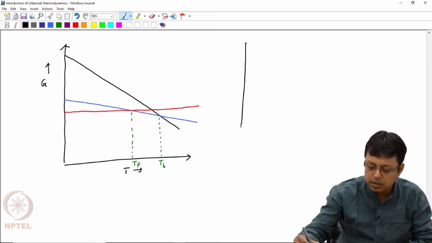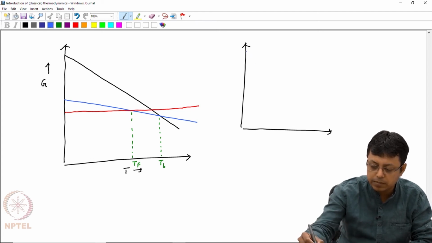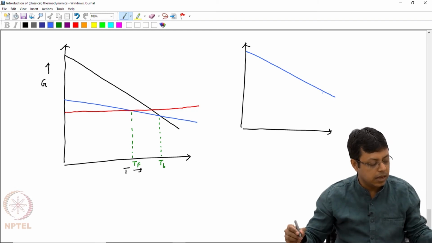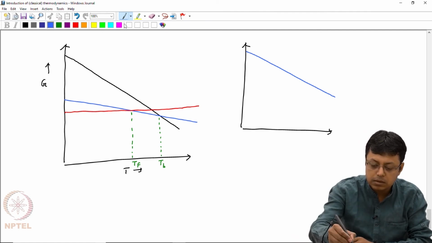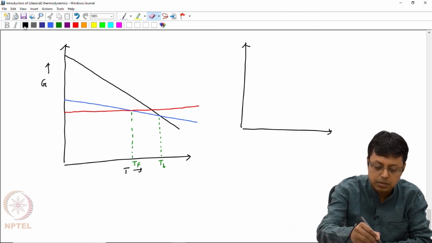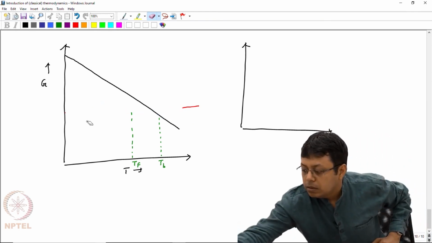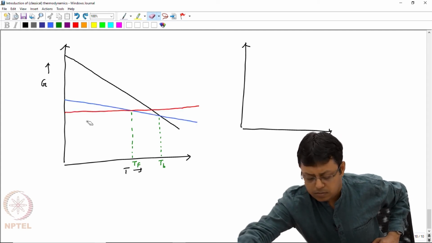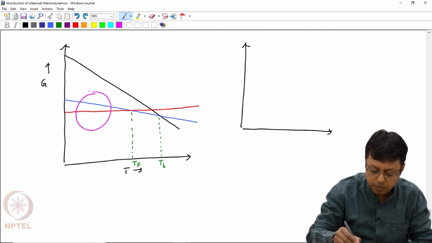So let me draw it once again. The freezing point is nothing but the intersection of the solid and the liquid. Now suppose I am exaggerating that curve. For liquid I was using the blue line, and in the normal case we'll draw it once again. Suppose I'm zooming in on these two curves, the blue and the red curve.